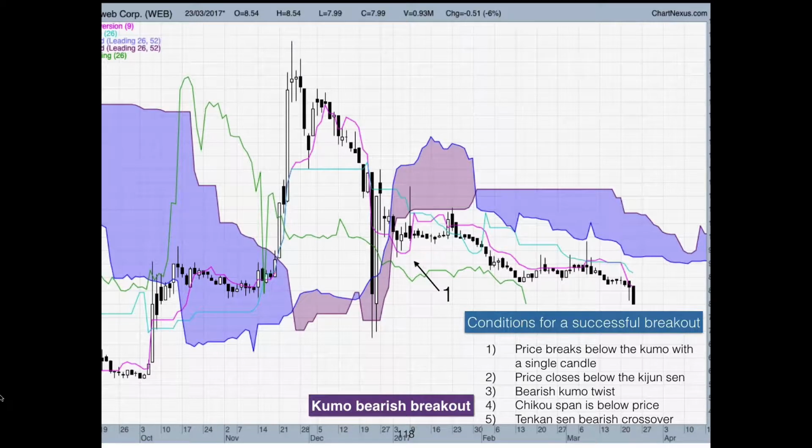So the first condition for a successful bearish breakout: price breaks below the Kumo with a single candle. Price breaks below the Tenkan-sen. There's a bearish Kumo twist. And the Chikou span is below the price.